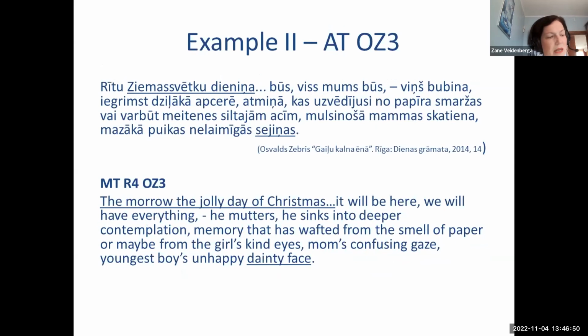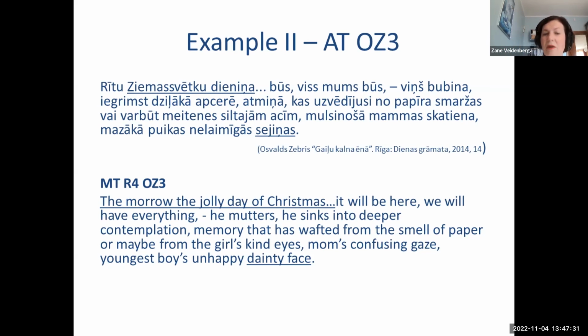girl. And then another example from Oswald Zebris novel, again, Ziemassvētku dieniņa, Christmas Day, a diminutive is used, and in most of the translations, students have lost this dieniņa, which also in the given context conveys the dissonance, the disagreement between the current situation this family is in and the bright, joyful Christmas that will be tomorrow.